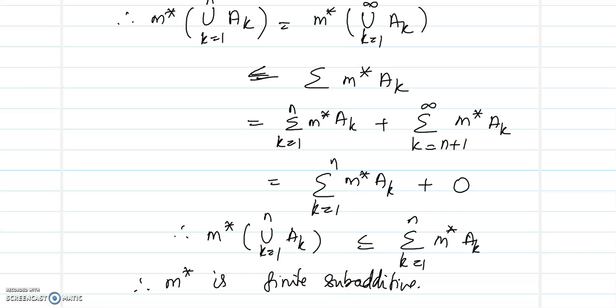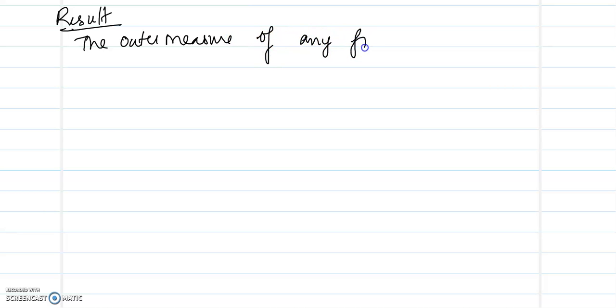So let us look at the next result. The next result is the outer measure of any finite set. If you have a finite set, then the outer measure of the finite set is 0. Again, for the proof, we will use the finite subadditivity of n star.